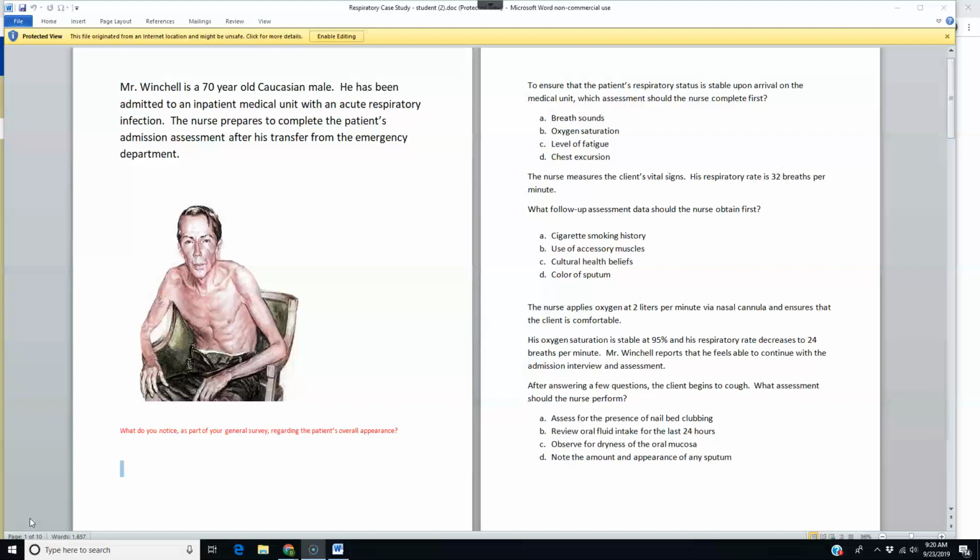But really the first thing we're going to do is do an O2 saturation. We want to just see where this patient is at, and probably in the emergency department they've done a lot of labs. They've done a chest x-ray, they've done arterial blood gases, but you want to see what this patient is presently like for you, so you'll do an O2 sat on him just to see where he's at.